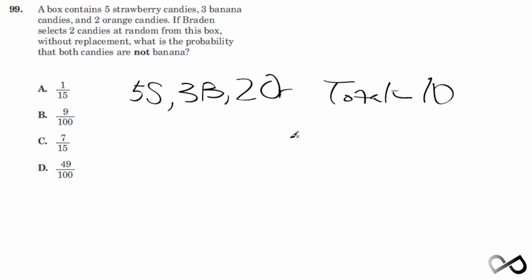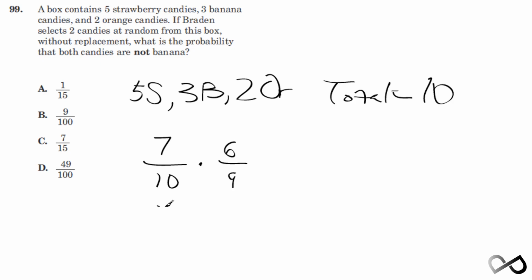We have 10 candies here, and we don't want the first one to be banana, so the first one is going to be 5 plus 2, which gives us 7 out of the total 10.